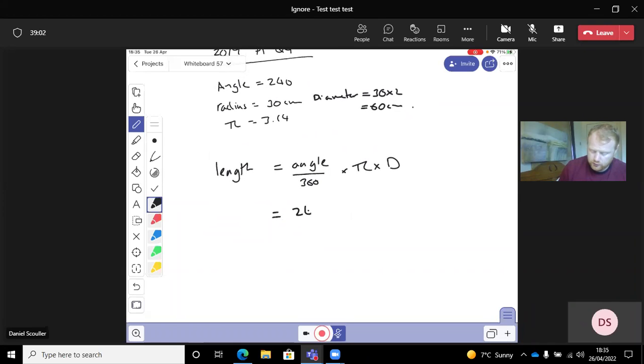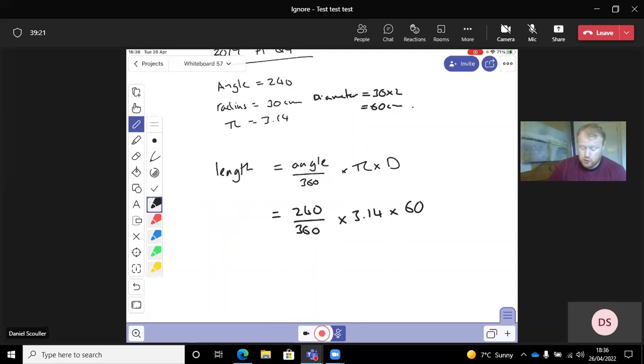So angle 240 over 360 multiplied by 3.14, they give you what pi is, multiplied by 60. Now, looking at that straight off the bat, there's some big numbers going on. What you need to do straight away is simplify that fraction down as far as possible.